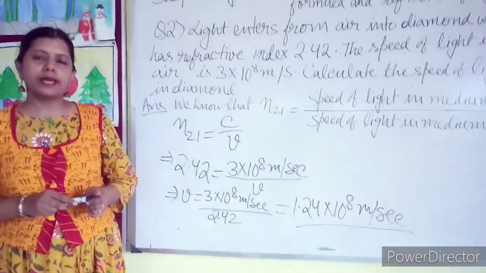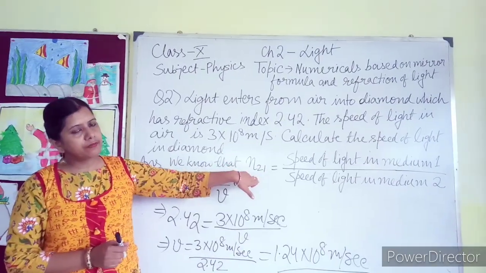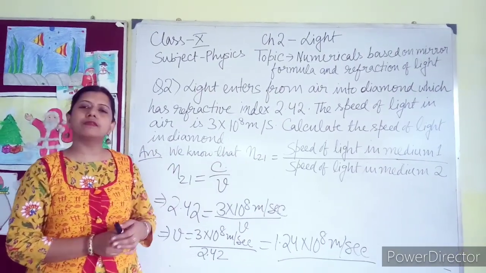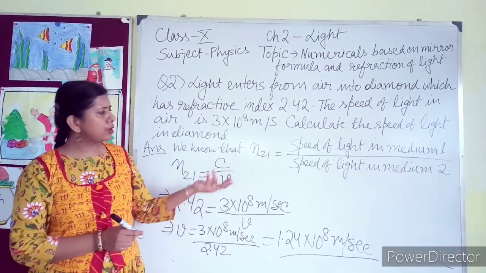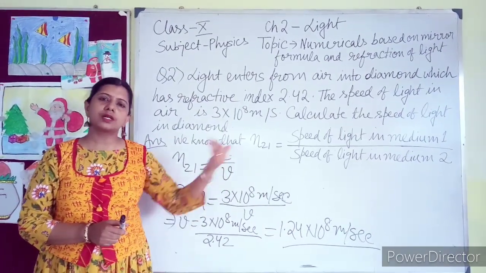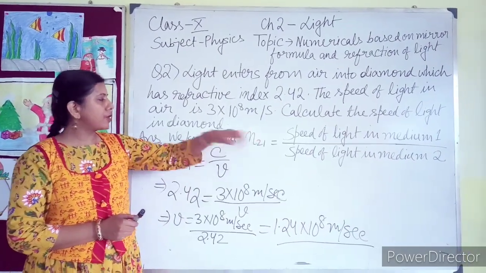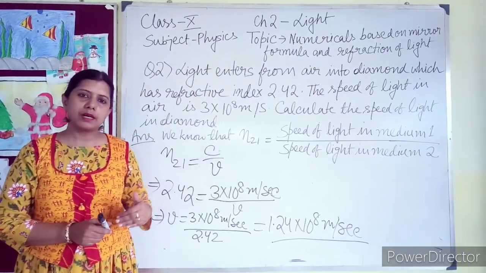In this way you can calculate using this formula either refractive index or speed of light in any medium. You can also calculate angle of refraction and angle of incidence using this formula, because it can be written as sin i by sin r.